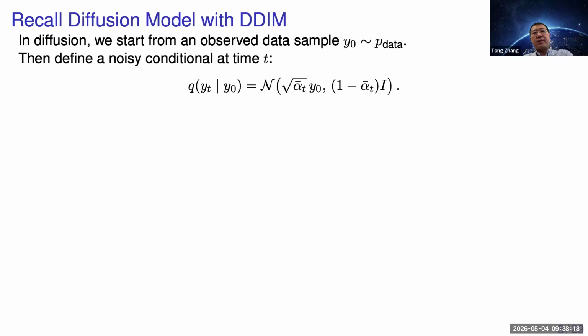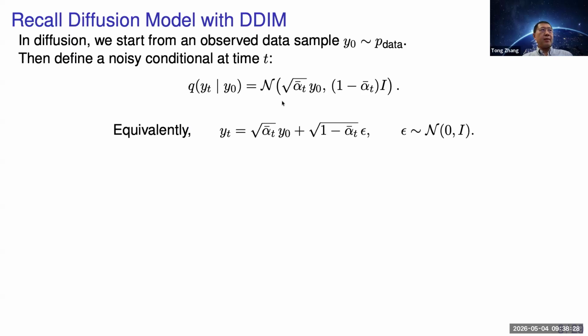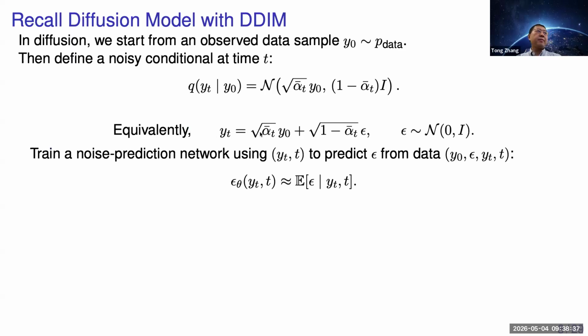DDIM, if you recall, has the same forward, the same training process. For the reverse, it gives a smarter reverse so that it can do a deterministic reverse. So this is the equivalence, right? How do you generate YT, the T's level of your denoising, and then train a noise network so you predict the noise.